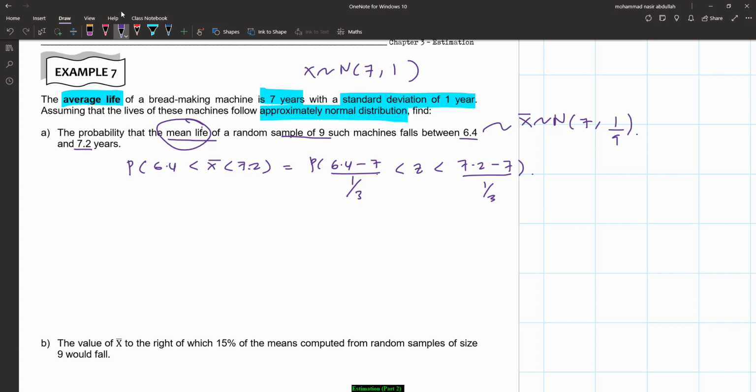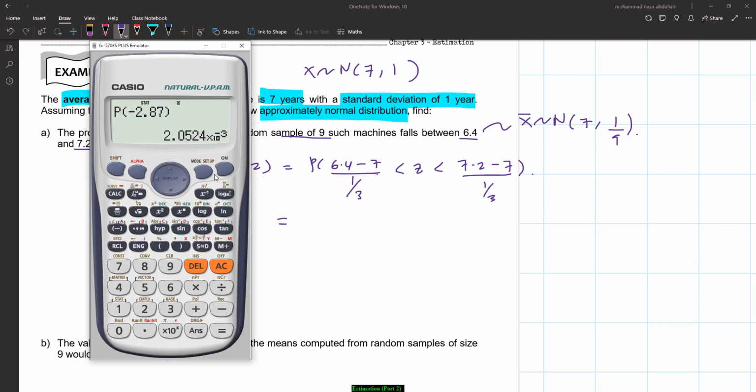What do we get? 6.4 minus 7 divided by 1 over 3 should be negative 1.8.